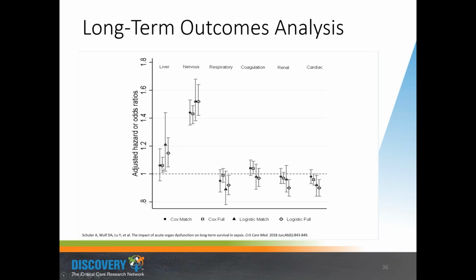There was perhaps a signal here for liver failure, but what was really interesting was that some of the ones we think of traditionally as really increasing a patient's risk, like respiratory failure or cardiac failure, were actually not associated with a worsened long-term mortality, and if anything, maybe a signal towards quote-unquote benefit.